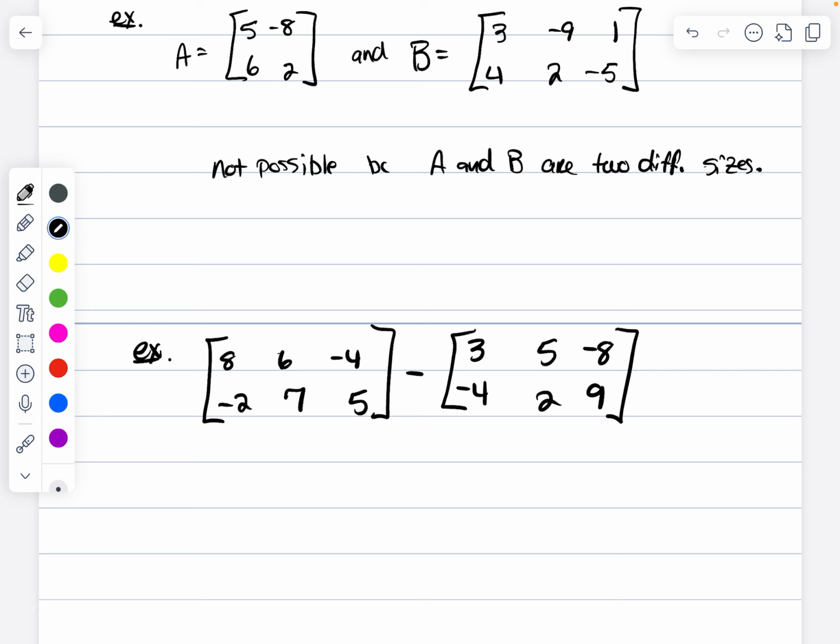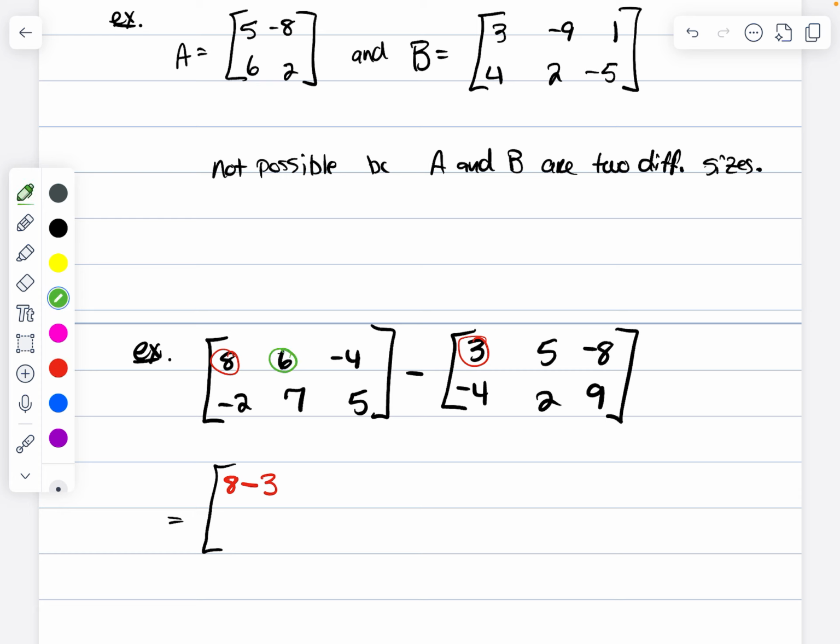If we're to subtract these, then we have to follow the same rule, the corresponding elements. So this would be, for instance, the first row, first column element of the first matrix, which is 8, minus the first row, first column element of the second matrix, 3. That's how we would get that result.